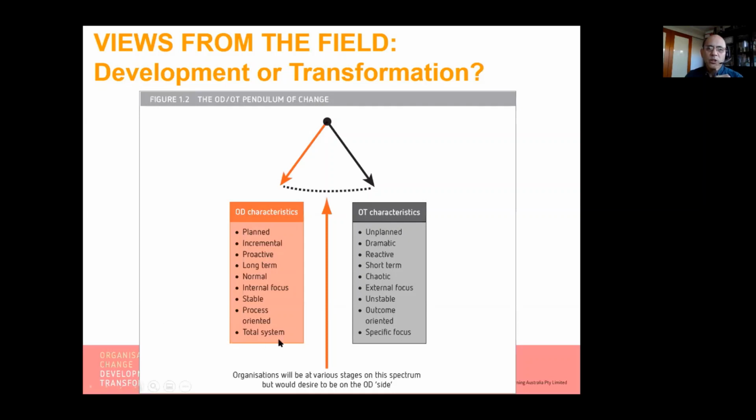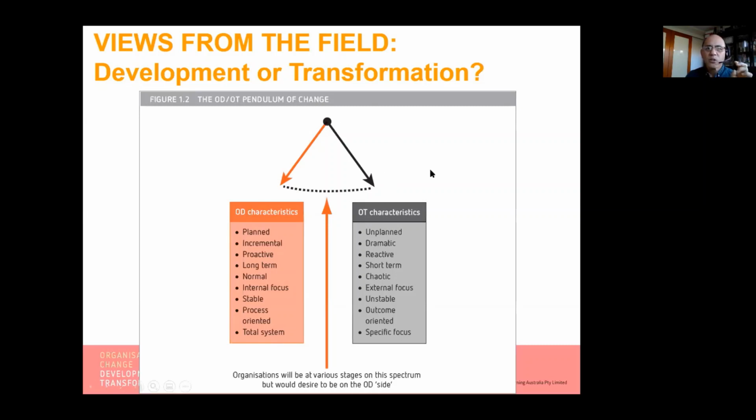And usually organizational development does not pertain to just one system or one function. The change might involve marketing, operations, finance, and other different departments within the organization.